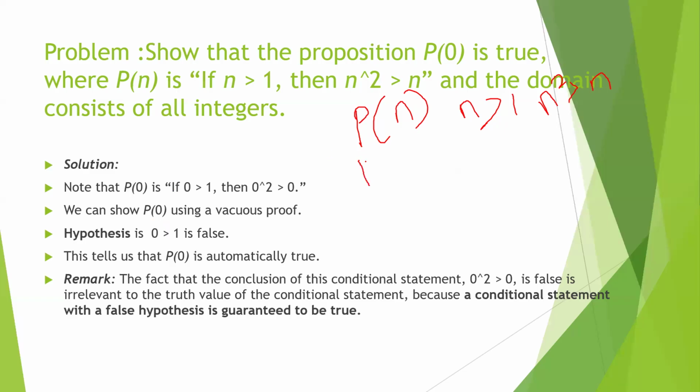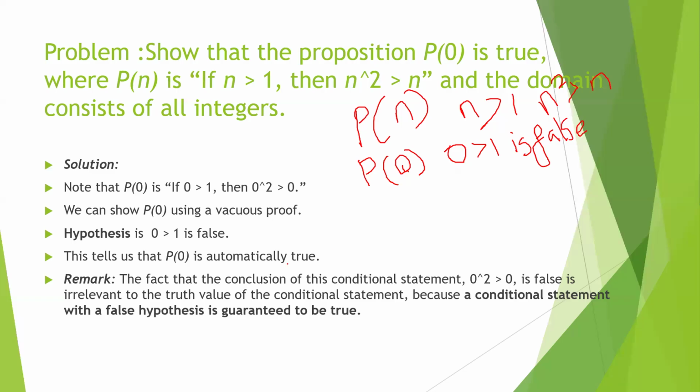Just replace n with 0. Our hypothesis is that 0 is greater than 1, and 0 greater than 1 is false. As we said for a vacuous proof, P is false.